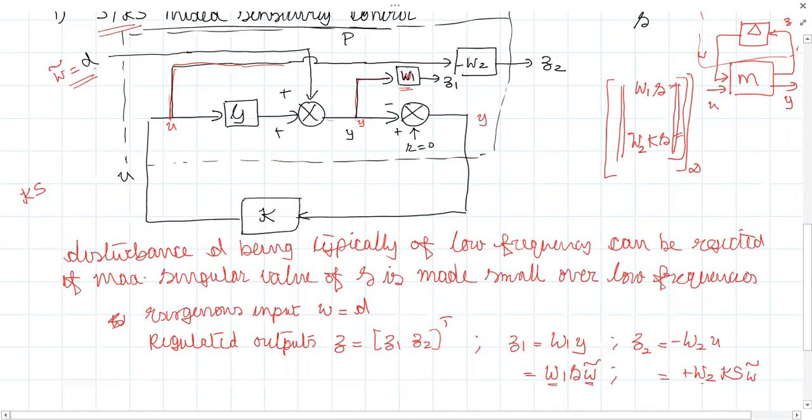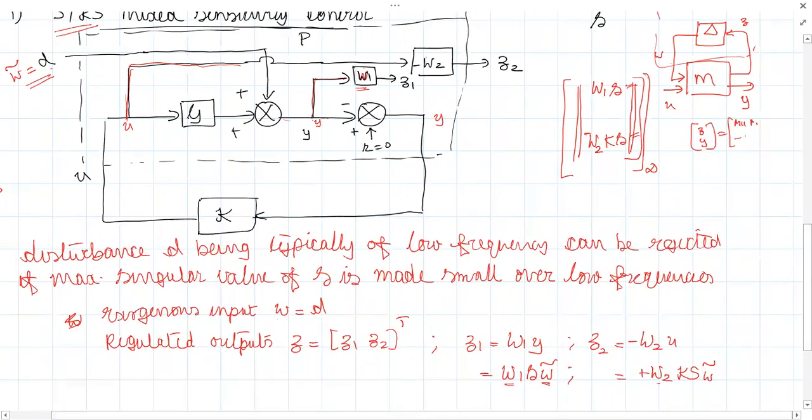In standard two-block form, there was no sensitivity or anything. We had something like this: Z and Y equal to M11, M12, M21, M22 into W and U. This was the way in which we wrote it, right?